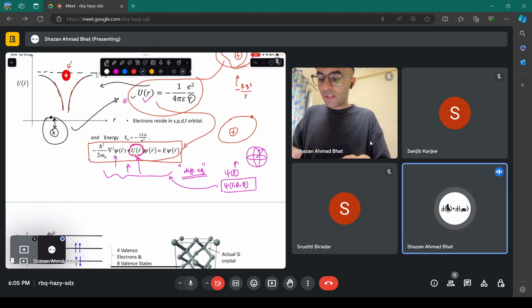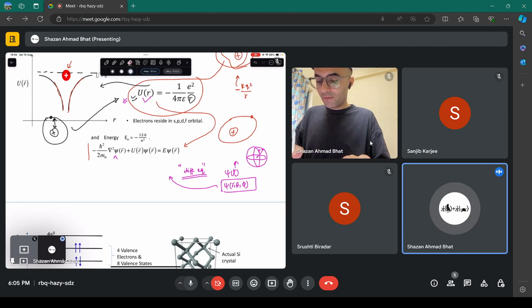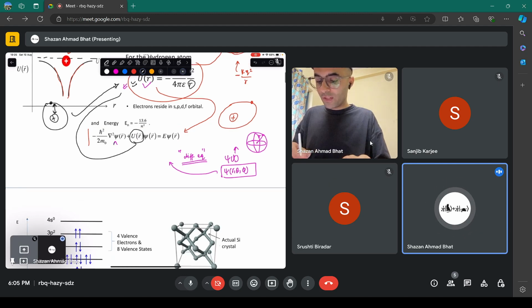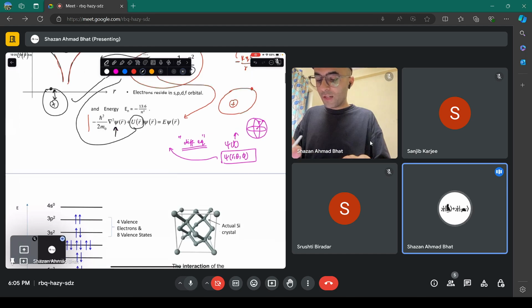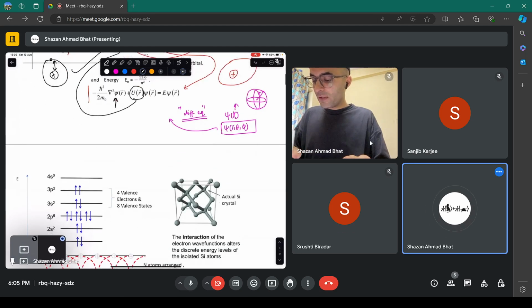You put this potential into the Schrodinger equation and solve it for the wave function. You get the wave function as a function of r, theta, and phi. So this is the solution of the Schrodinger equation.